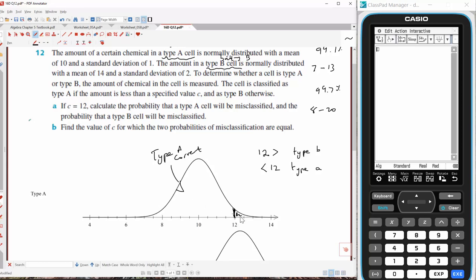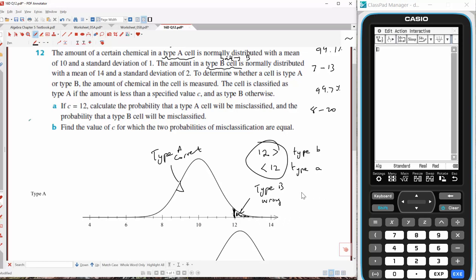Now, if it's more than 12, what I'm going to do is classify it as type B. And that would be wrong for a type A battery. So if it's a type A battery and I measure more than 12, I'm going to go, oh, I've got a type B battery, because my benchmark is more than 12, it's type B, less than 12, type A. All right, so what we want to know is the probability of misclassifying, i.e. the area under the curve between 12 and positive infinity.